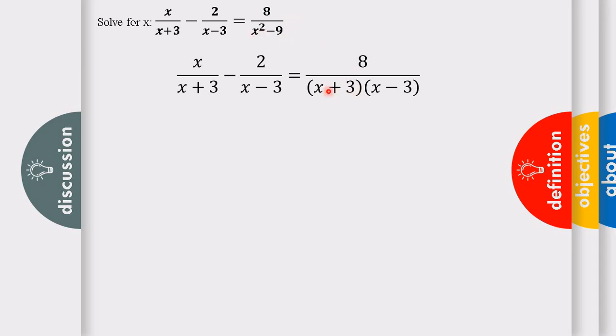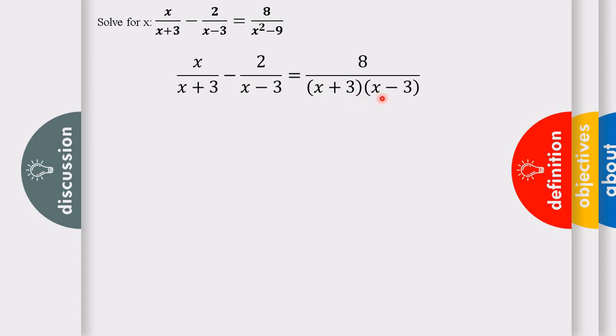It will become x plus 3 times x minus 3. Since that expression has x plus 3 and x minus 3, the LCD is just x plus 3 multiplied to x minus 3.